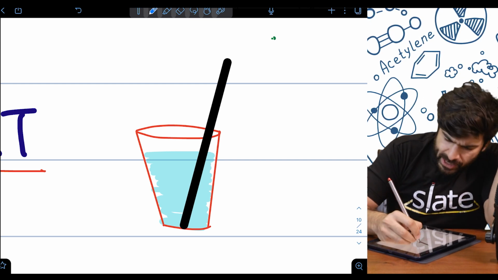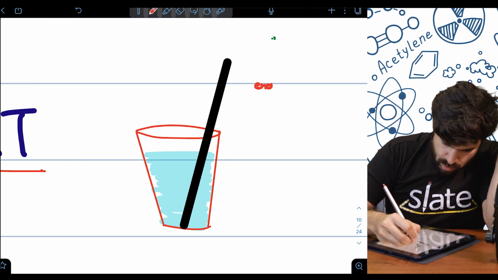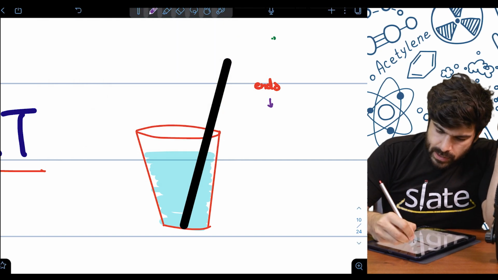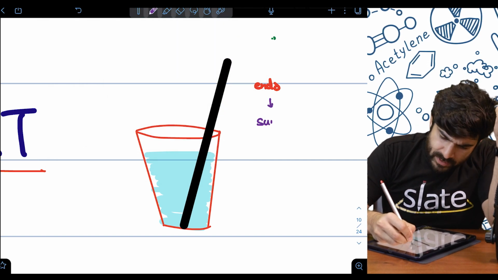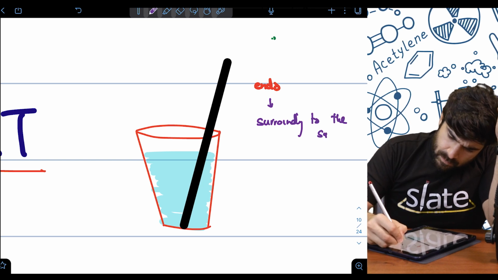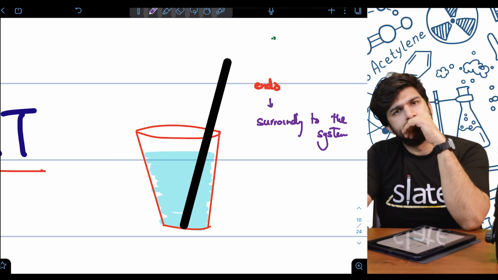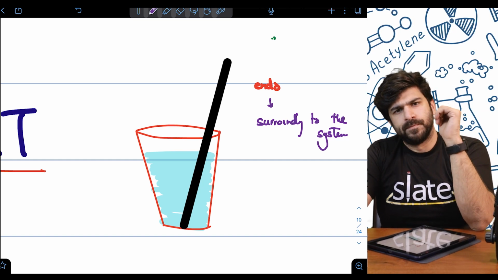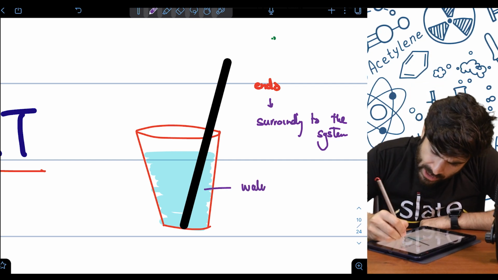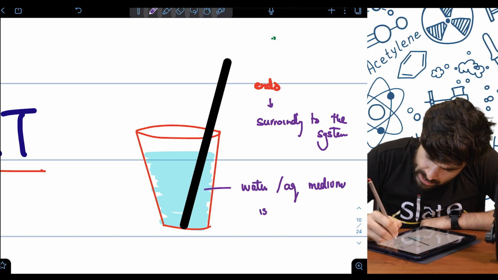So what is an endothermic reaction? The energy comes from the surrounding to the system. And exo is the exact opposite. But what about water? Students, the water, or I would say aqueous medium, is the surrounding.